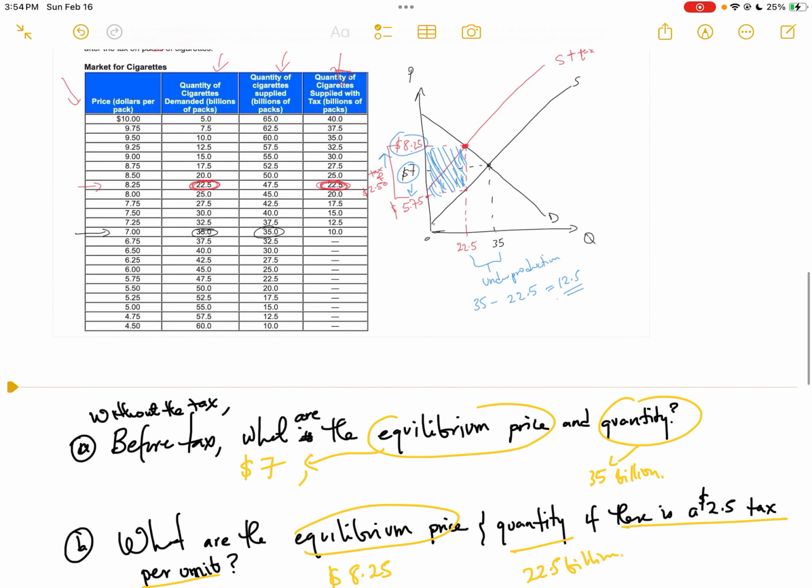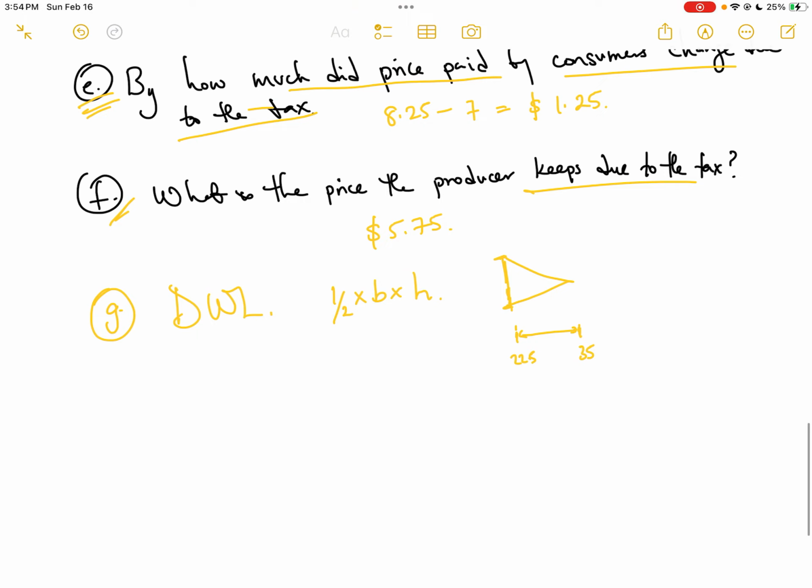We have 8.25 and 5.75. Okay, 8.25, 5.75, right? So your 0.5 times your base will be 35 minus 22.5, and your height will be 8.25 minus 5.75.